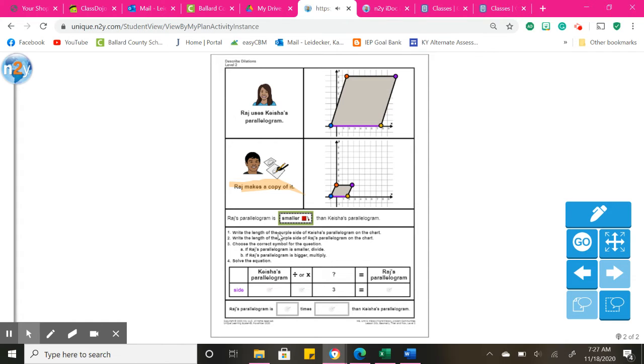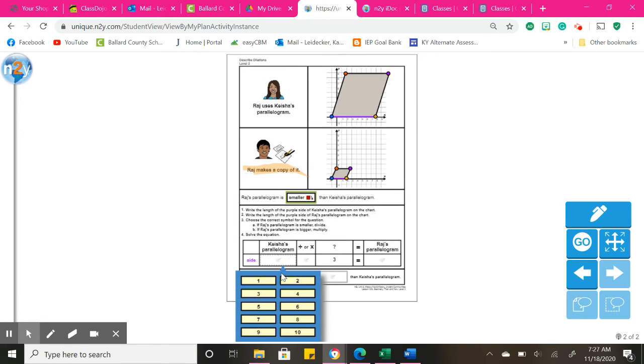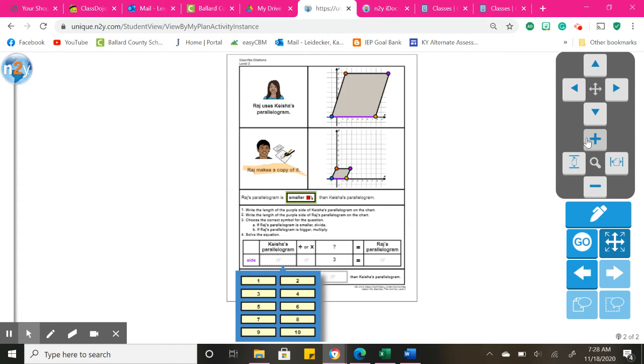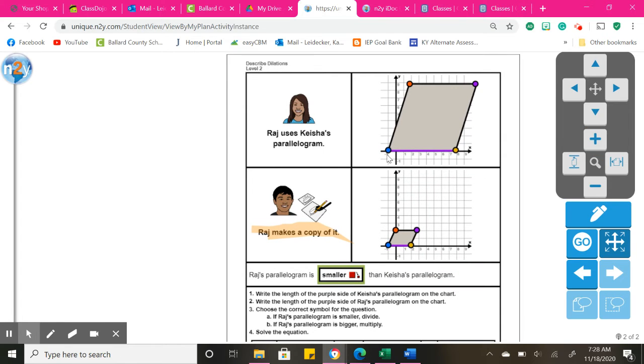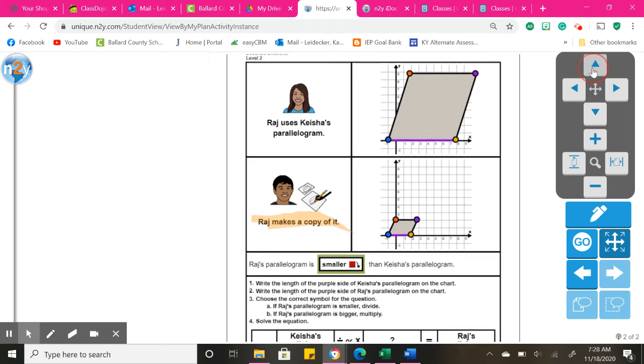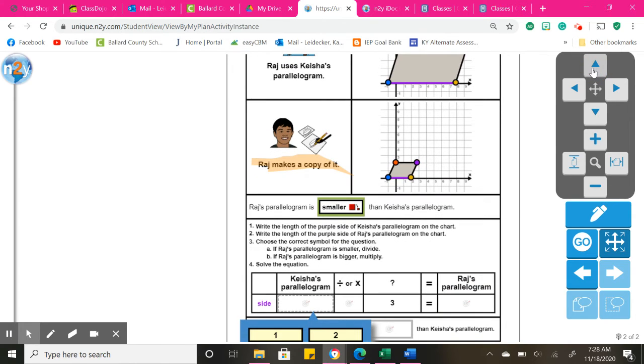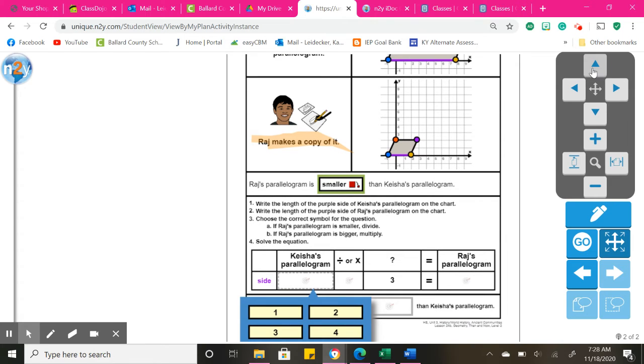Okay, so it says write the length of the purple side of Kesha's parallelogram on the chart. So we're just going to count here. Let me zoom in for you. So how many are on the side? So we start with 1.